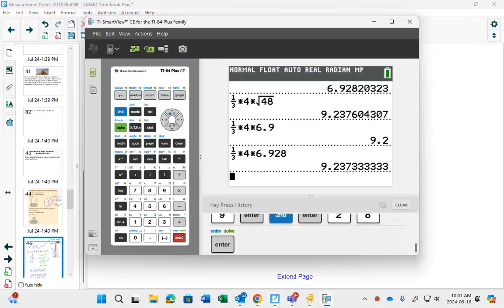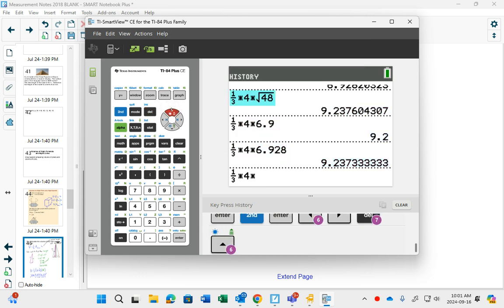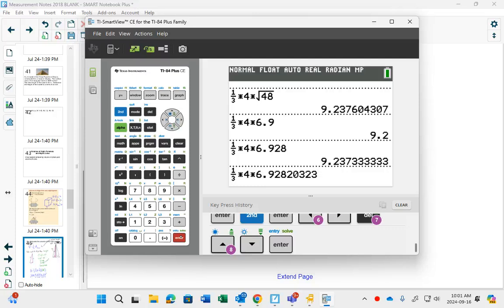Okay? Some other tricks with this calculator. If you have this one, I'm going to show you. So I do 1/3 times 4, and then I don't want to write the square root of 48, but I could go, and when I figured the square root of 48, I could highlight that number and push enter, and then it would type it in.